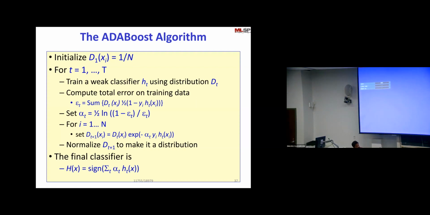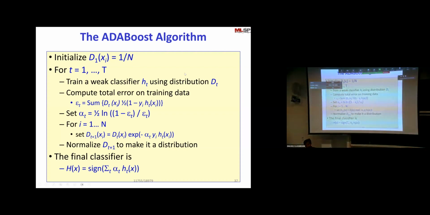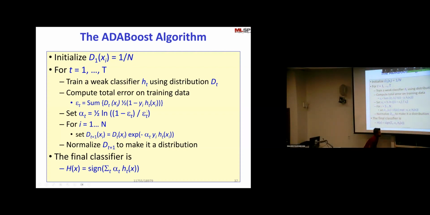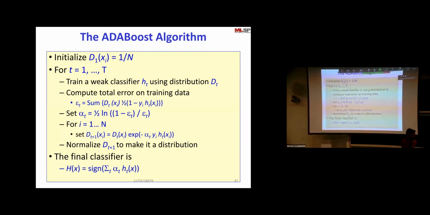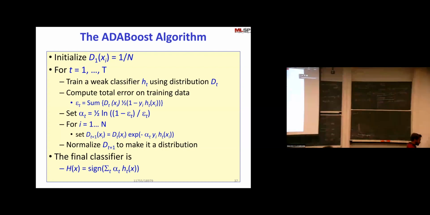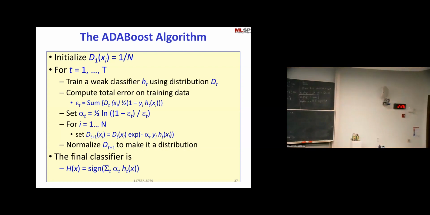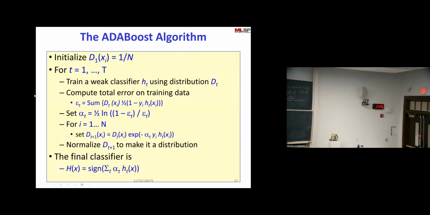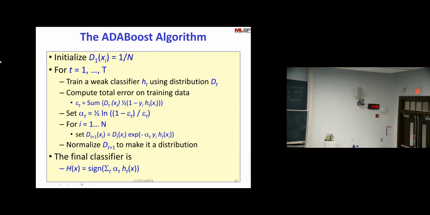The misclassified ones, the weight increases. The correctly classified ones, the weight decreases. And how did it relate to the classifier accuracy? Okay, and what was the next step, Ishka? But before that, you had to assign a weight to the classifier itself, right? And how did you assign a weight to the classifier?